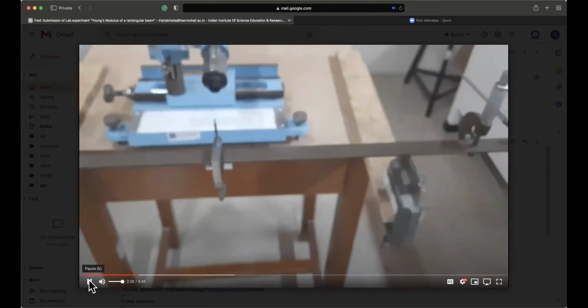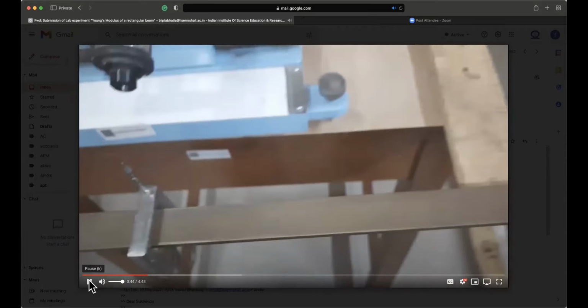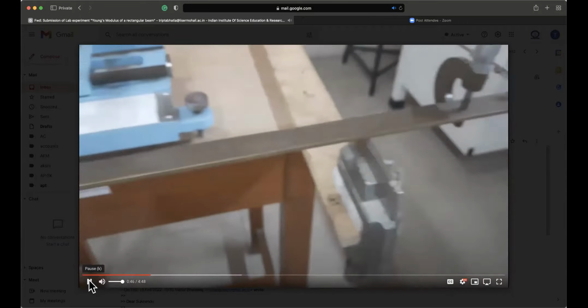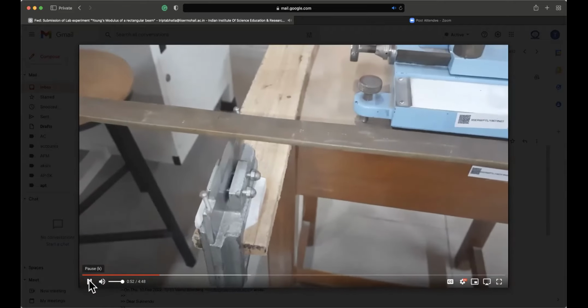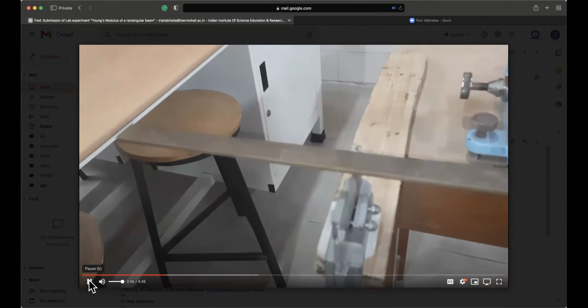So coming to the next part. What we will do, we will put this rectangular beam on the two knife edge supports. You can see here, first one, and here is the second one. We will put it symmetrically so that the portion beyond these wedges would be the same across both the wedges.